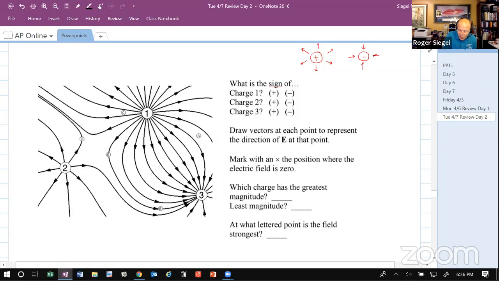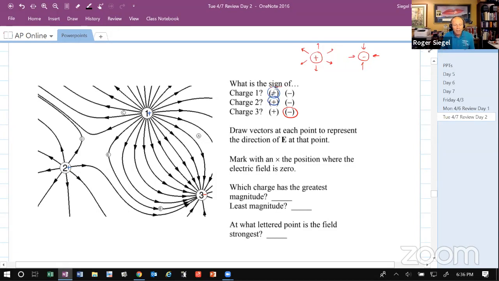So all I have to do is see where the field lines are pointing toward. Charge 3 is going to be negative because it has field lines pointing towards it. And 1 and 2 are going to be positive charges because they have field lines pointing away from them. So both of these are positive.